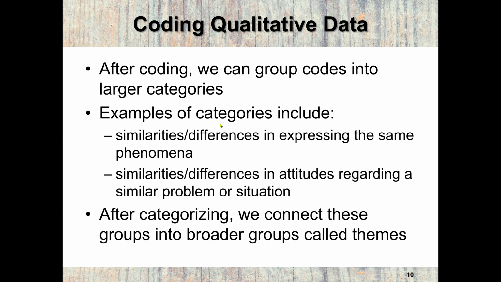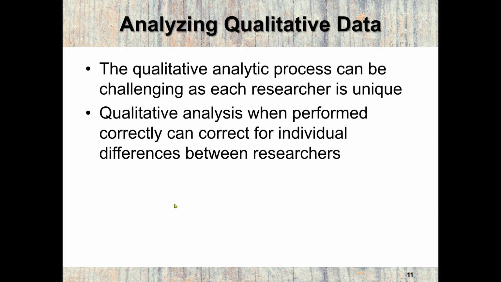This is an example of categories: similarities and differences in expressing the same phenomena, or similarities or differences in attitudes regarding a similar problem or situation. After categorizing, we can connect these groups into broader groups called themes.